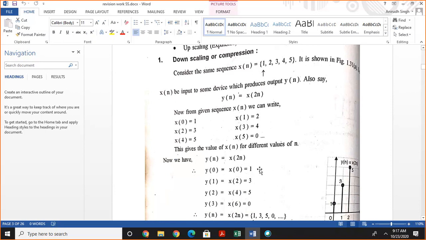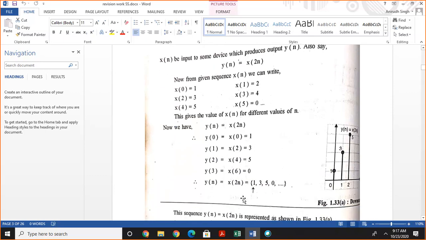When n is 0, x of 2n is also x of 0 and the value of this is 1. Similarly, when n is 1, y of 1 is equal to x of 2 and the value of x of 2 is 3 and so on, and we get y of n is equal to x of 2n, which is given by this equation.